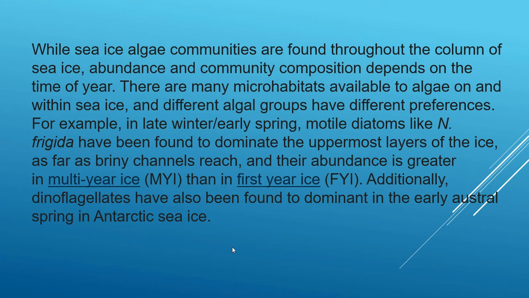For example, in late winter, early spring, motile diatoms like N. frigida have been found to dominate the uppermost layers of the ice, as far as briny channels reach, and their abundance is greater in multi-year ice, MYI, than in first-year ice, FYI. So FYI, in this context, does not mean for your information. It means first-year ice. Additionally, dinoflagellates have also been found to dominate in the early austral spring in Antarctic sea ice.